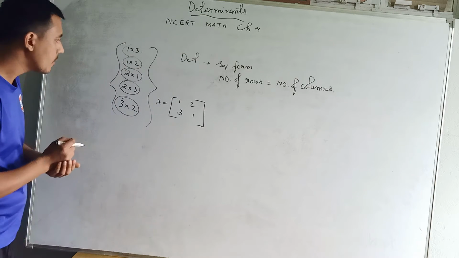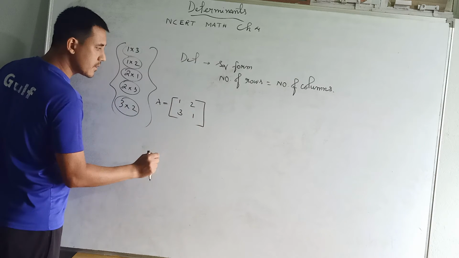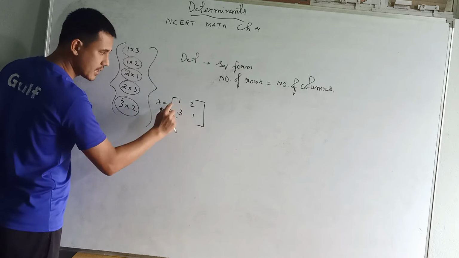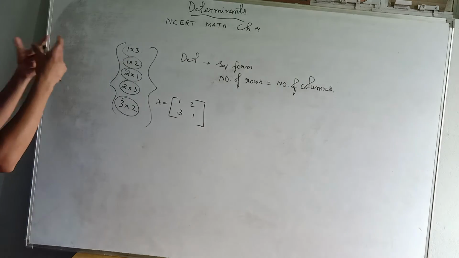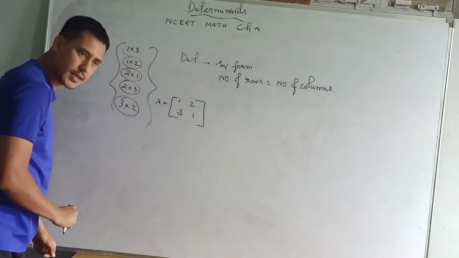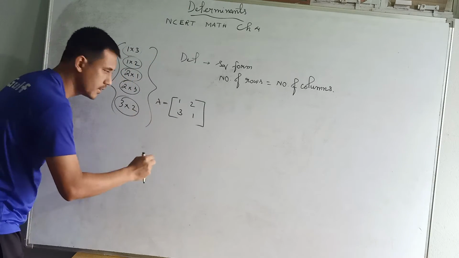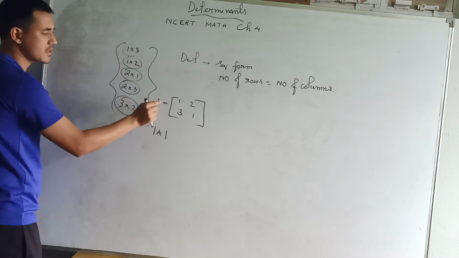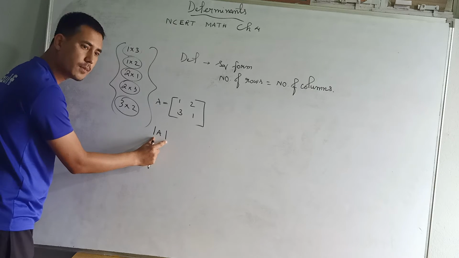Now in matrices, all the numbers or all the terms are arranged inside these square brackets, right? But how do we represent a determinant? If this is your matrix A, then in determinant form I have to write determinant of A. This A should be enclosed within 2 vertical bars.